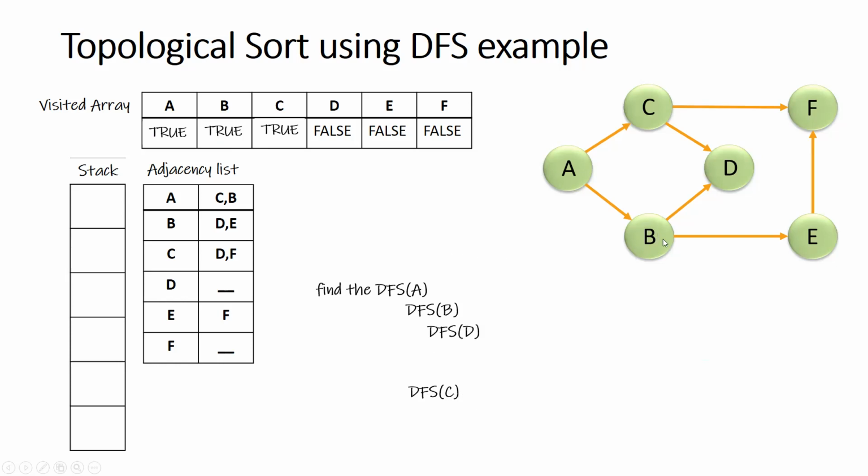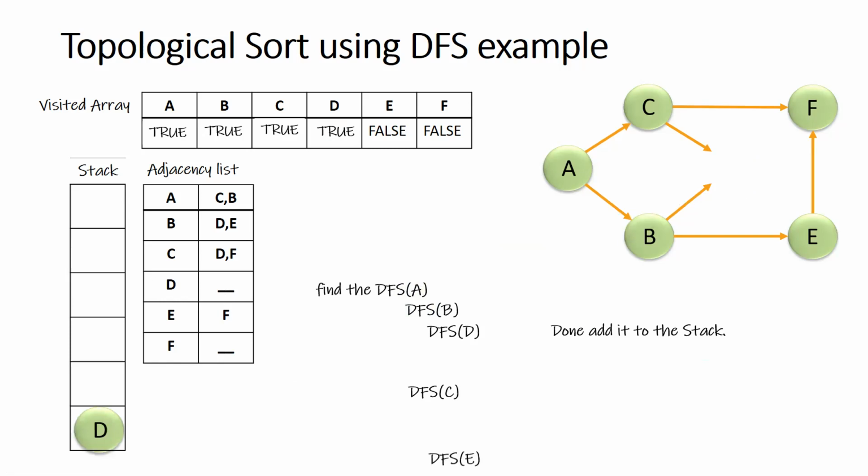We are at node B. Is B a leaf node? No. It has connections in the adjacency list. B has links with D and E. So we will find the DFS for D and mark it as visited. And we are done. D in the adjacency list has no adjacent node, so we can add it to the stack.